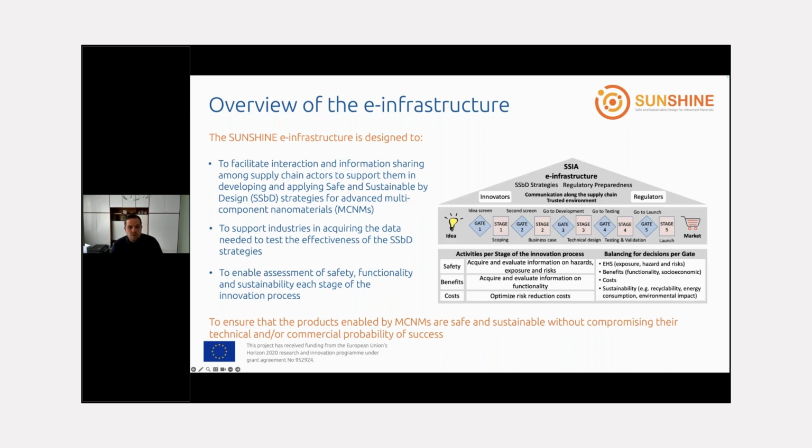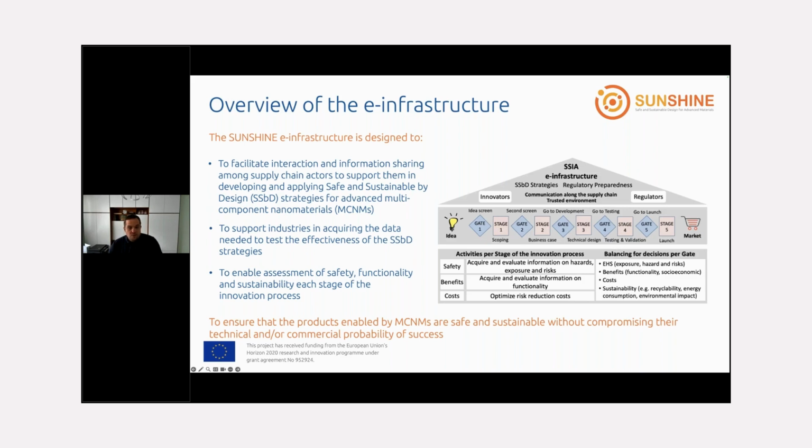The system also supports SMEs and large industries in selecting and applying simple and cost-effective experimental and modeling approaches to acquire the data needed to test the effectiveness of the safe and sustainable by design strategies. We also have a special focus on grouping and read-across approaches to enable the use of existing information for SSbD decision making.